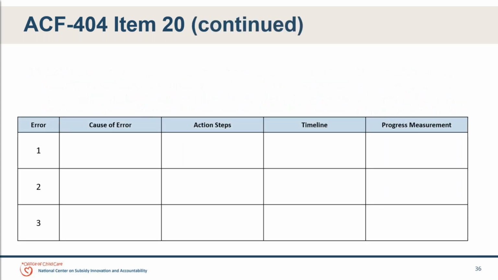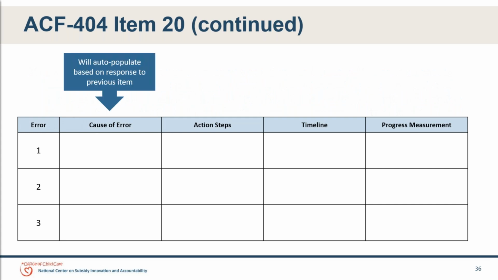So I'm going to show you this a little more in depth here. Again, it's a table. The first column just numbers the errors 1, 2, and 3. The next column, cause of error, is going to auto-populate based on your response to item 19. So again, like income calculation, need for care. Need for care is on there twice because one is MID and one is non-MID.